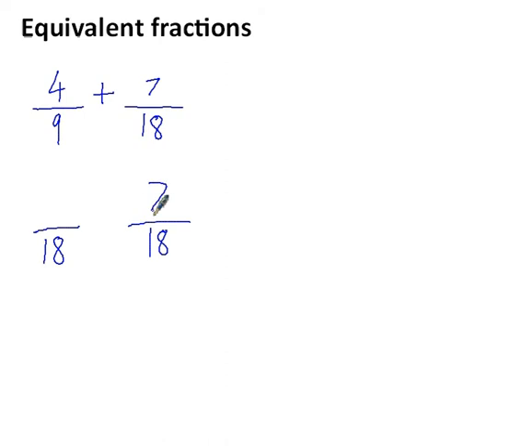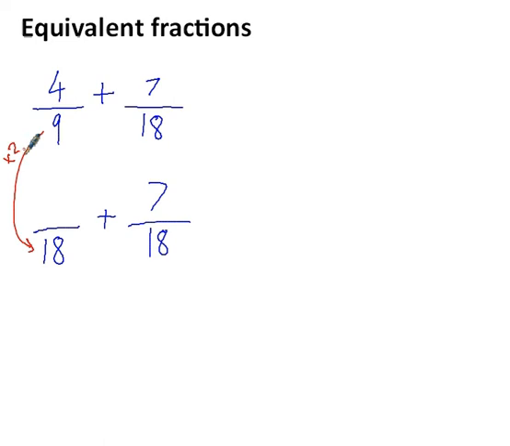So the one on the right stays as 7/18. The one on the left, I need to convert into an equivalent fraction over 18. So what do I need to multiply 9 by to make 18? 2. I need to multiply it by 2.